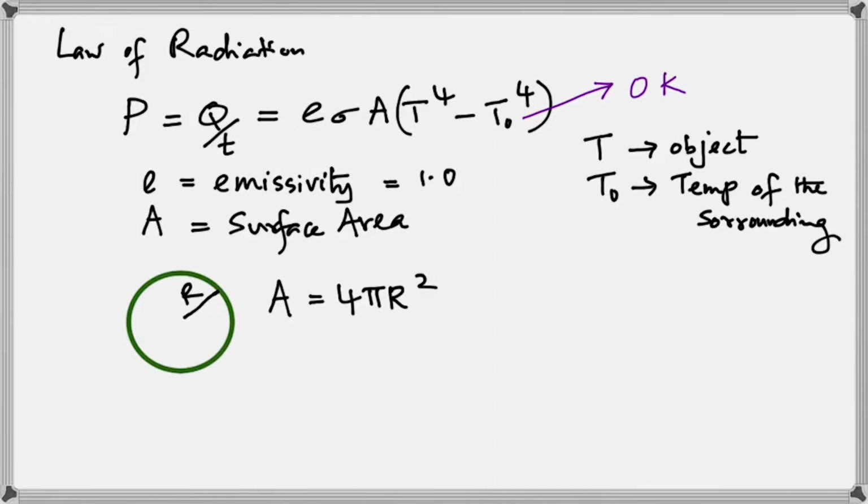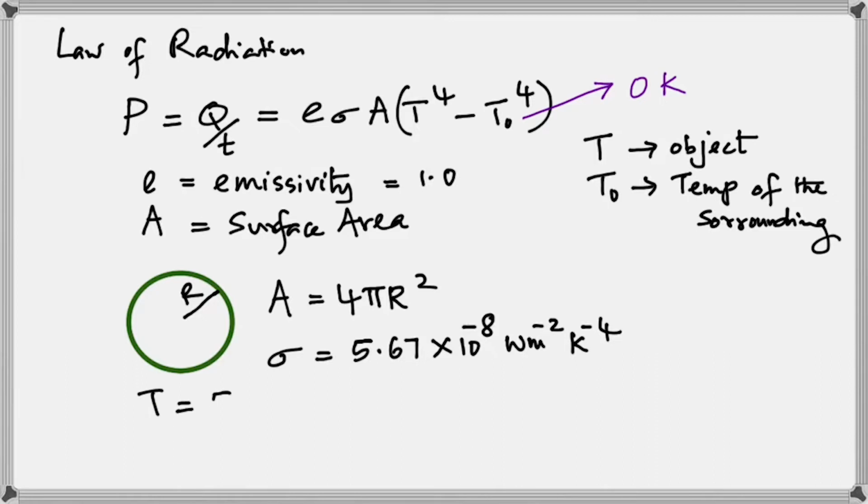So if you know that, and then sigma will be given. It is Stefan's constant, 5.67 times 10 to the negative 8 watt meter raised to minus 2, Kelvin raised to minus 4. And as an example, if you're given the temperature of the object as 50 degrees Celsius, can you work it out for me, please?